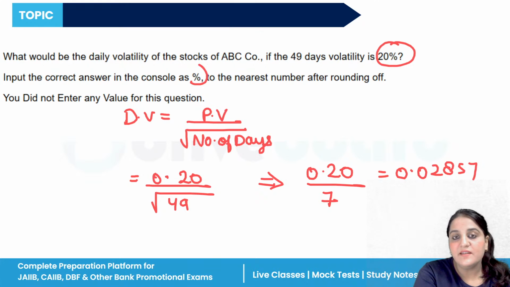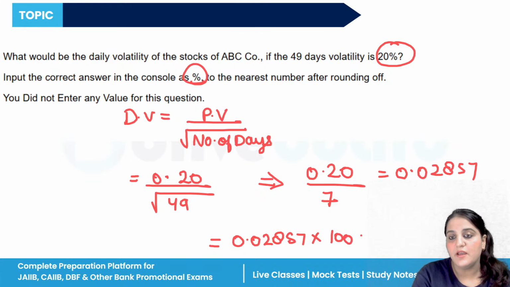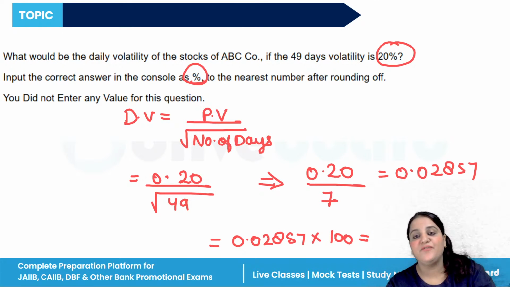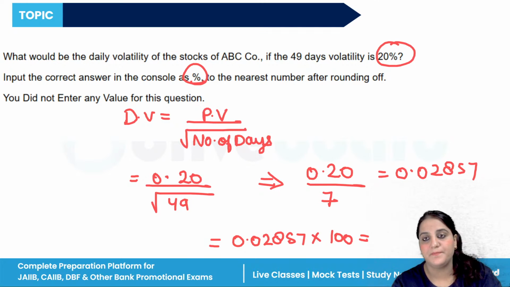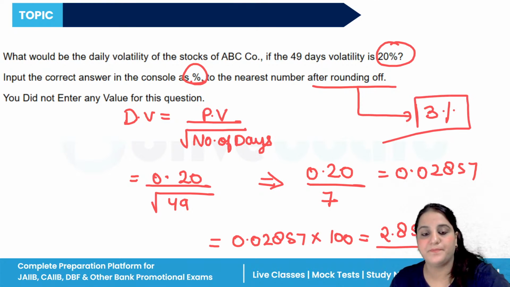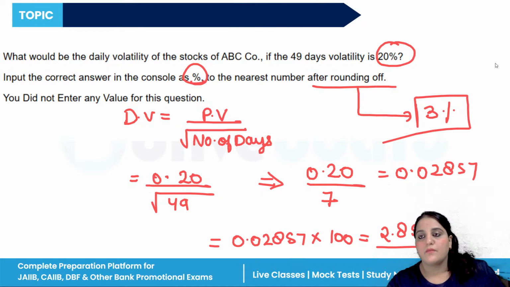Now the answer is demanded in percentage, so 0.02857 multiplied by 100 is equal to 2.857%. And they are demanding the answer after rounding off. That means 3% is the answer. Got it?